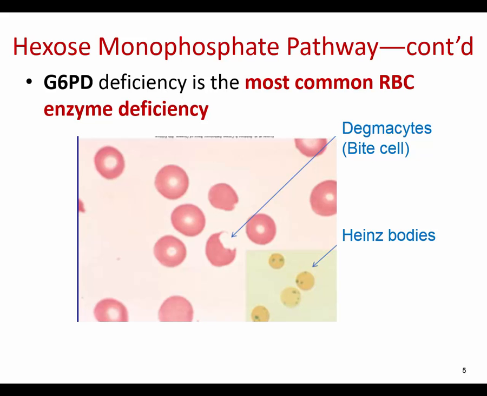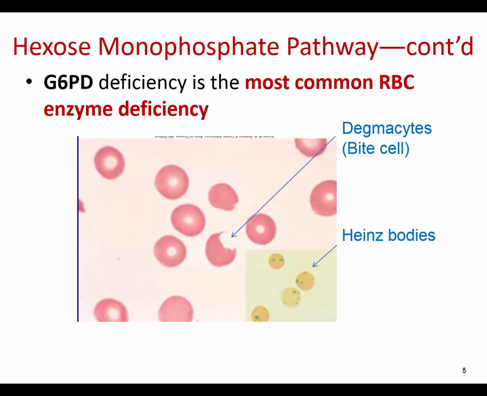And when they remove it, because the rest of the red blood cell is in pretty good shape, the membrane is going to close down, just a piece of it is going to come out, and this is what you're going to be able to see in its place. A cell that has a piece of it removed. It's going to indicate Heinz bodies.